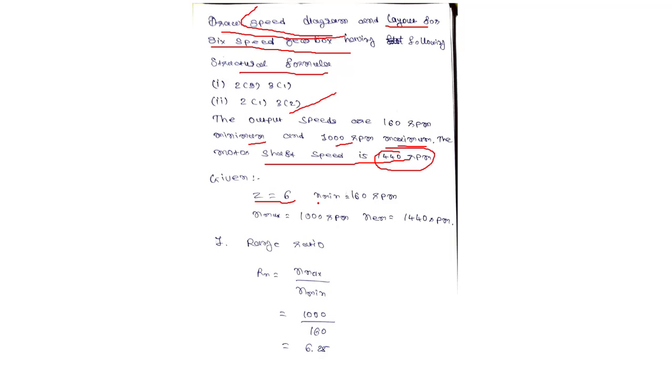Minimum speed is 160 rpm, so N minimum is 160 rpm. Maximum speed is 1000 rpm, so N maximum is 1000 rpm, and the motor speed given is 1440 rpm. So N for the motor speed is 1440 rpm.